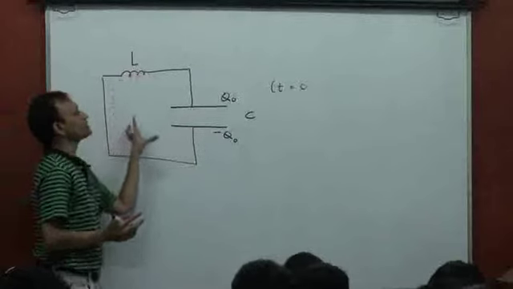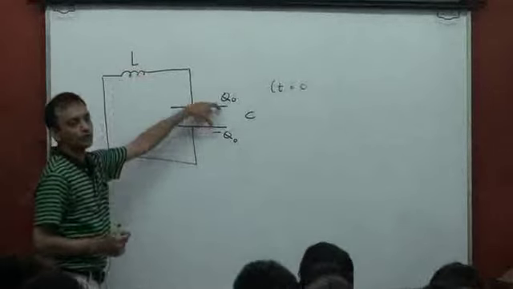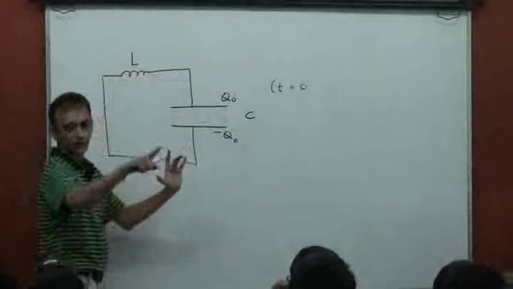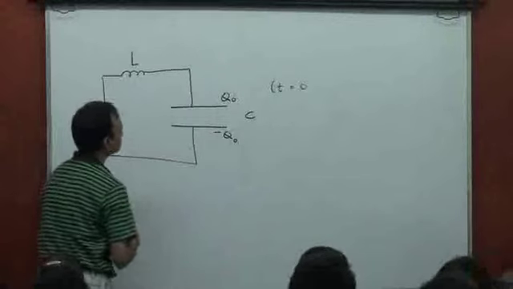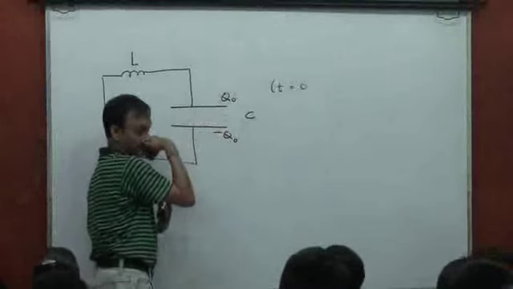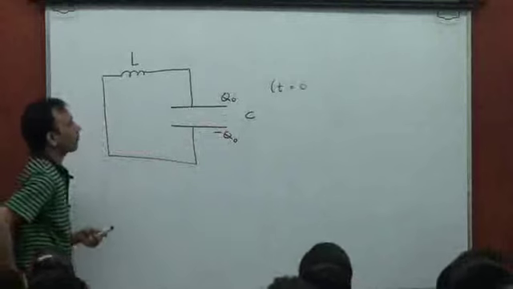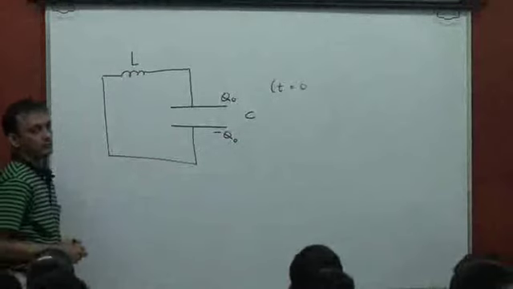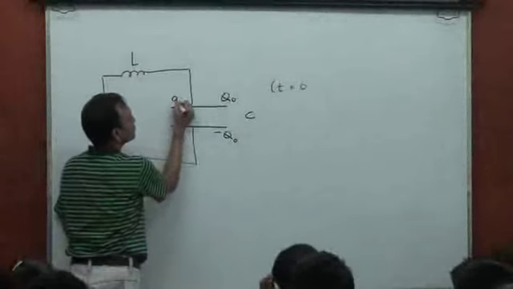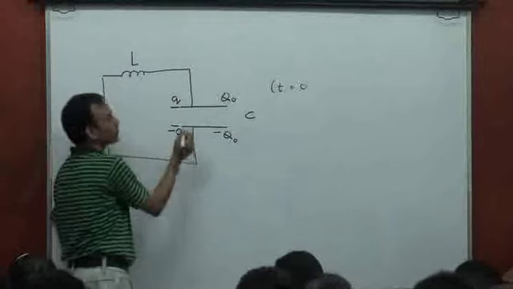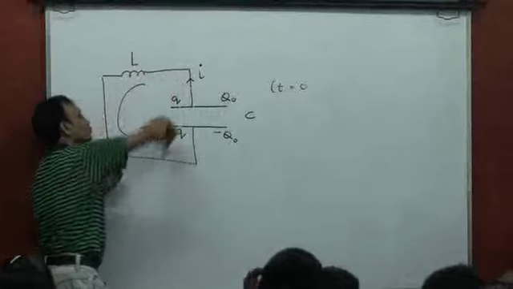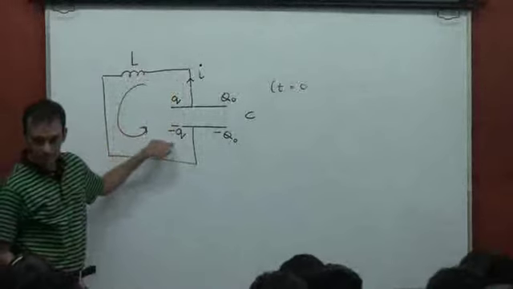Now, through the inductor L, this charge Q would want to push itself through the inductor, and therefore there would be a proposal to drive a current in the circuit, right? So this charge Q would vary with time. Let's say at some intermediate instant of time, the charge here is Q, the charge here is minus Q, and the current I is driven, gets circulated in the loop in this manner, positive to negative.